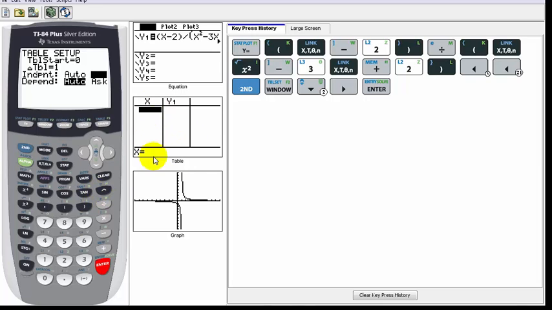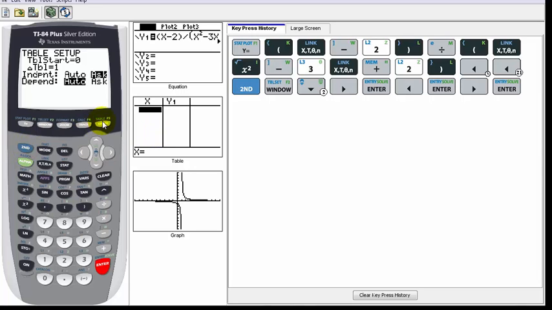If you were looking in this area a little bit earlier, and I'll go back so that you can see the difference, when it was set on auto, you could see it started at 0 and it was incrementing the values by 1. But we don't want that. We're going to put it on ask. And so right now it's waiting for us to tell it what the values are. So we've got the table set up the way that we want to use it.